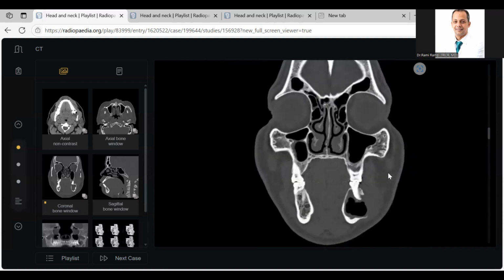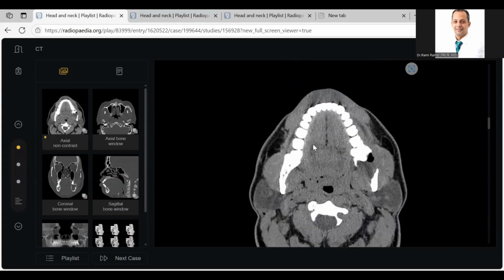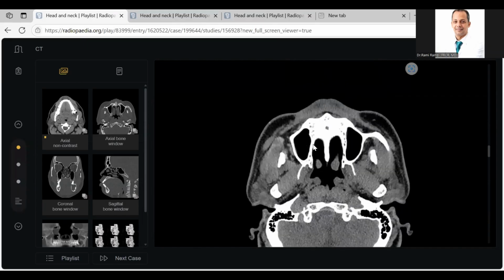So think of other possibilities, tumor, benign or malignant, no problem. Can this be bisphosphonate-associated osteonecrosis? That can be one possibility. No, why? Because in the history, this is chronic. Second point, look here, there is no osteonecrosis.